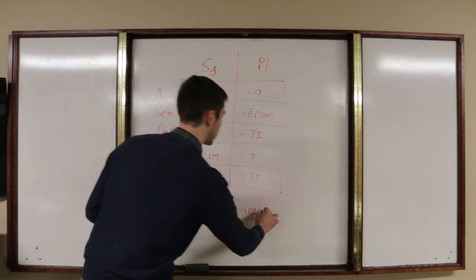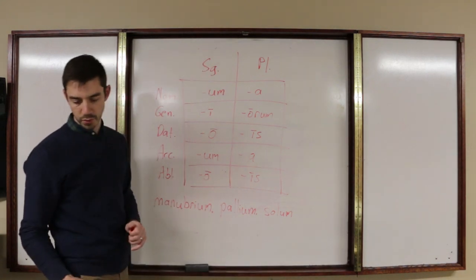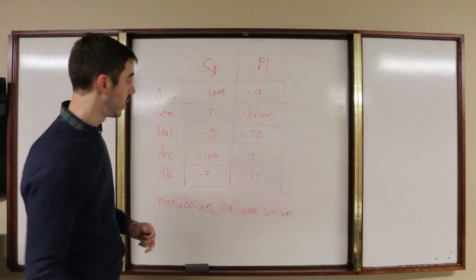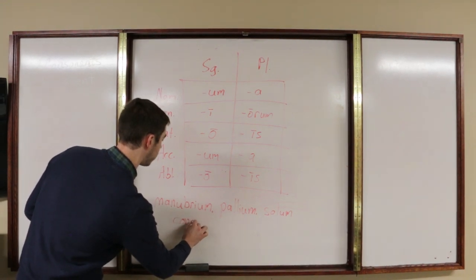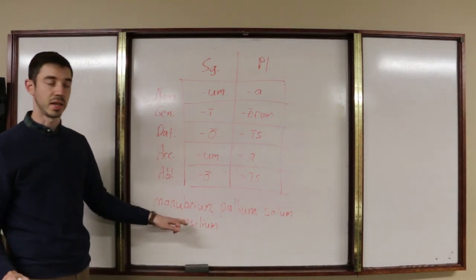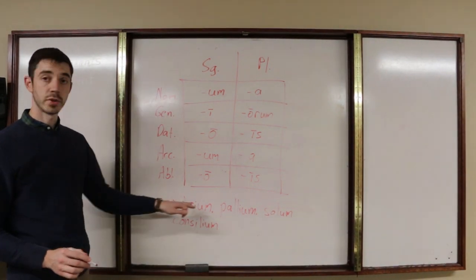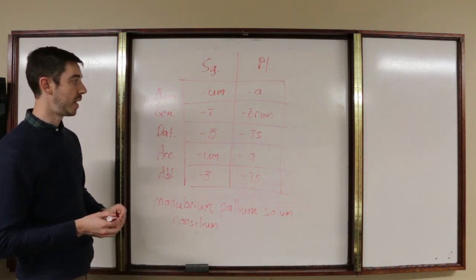And then we've got solum for floor. That was one of the first words we learned last year. Or we could also have the word for plot or scheme, which was concilium. So those are some words that we've learned with these endings.